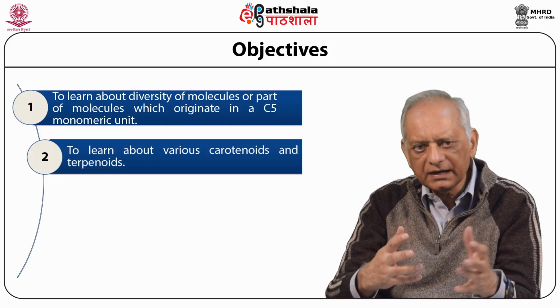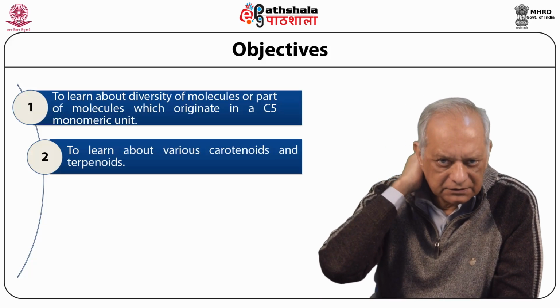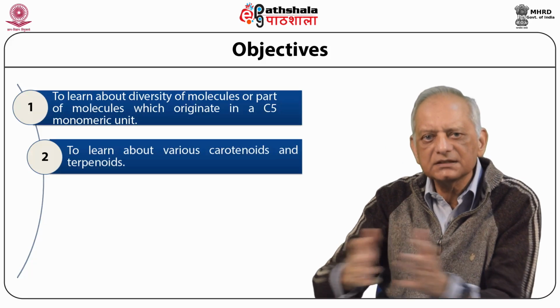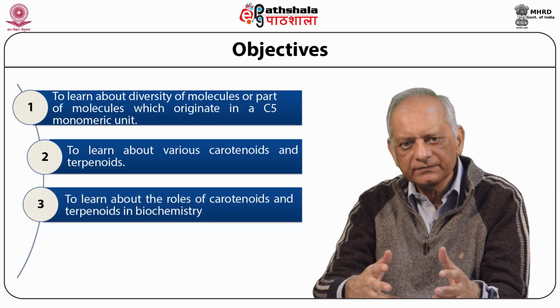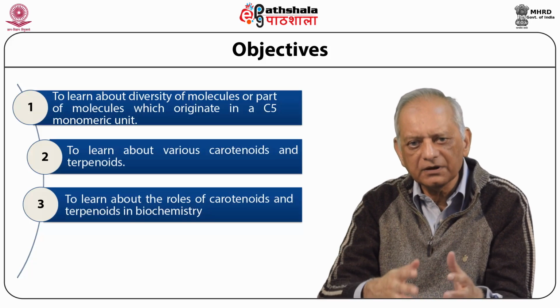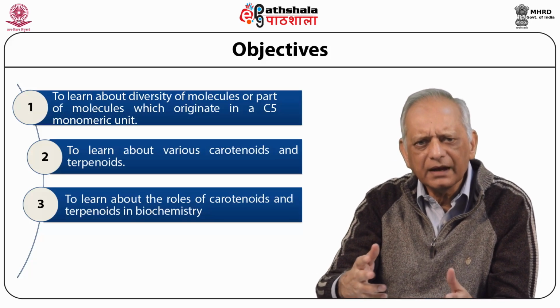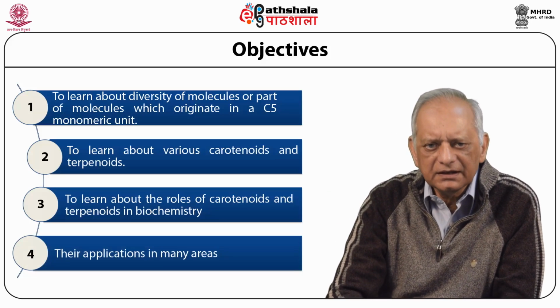And having talked about how these carotenoids and terpenoids are biosynthesized, we will also learn about their roles in biochemistry and their applications in a few other related areas. So the concept map is that we have a class of compounds on the right hand side which we will talk about: carotenoids, terpenoids and photosynthetic pigments.